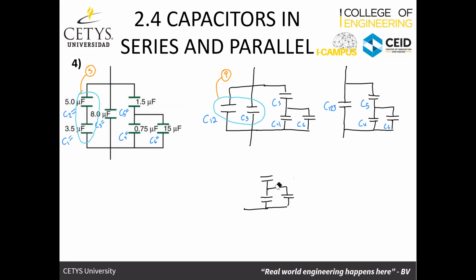Now from here, what I'm going to do is the following. Because of the line that I'm putting there in the middle, and this is where maybe some of the confusion was generated. What I saw in some cases is that when you redrew the circuit, these lines weren't there.